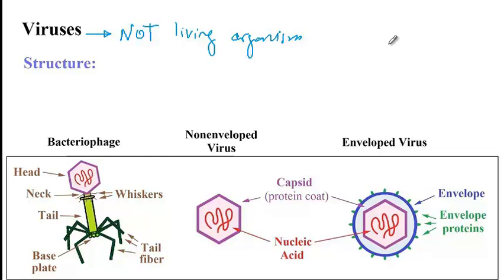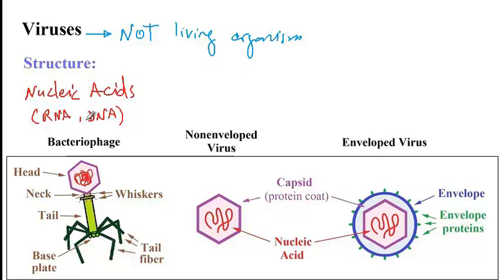So the features that you should be familiar with that you will find in these viruses include nucleic acids. So you can see that all these three viruses have nucleic acid inside the structure that is called capsid or protein coat. And this nucleic acid could include RNA or it could be DNA.